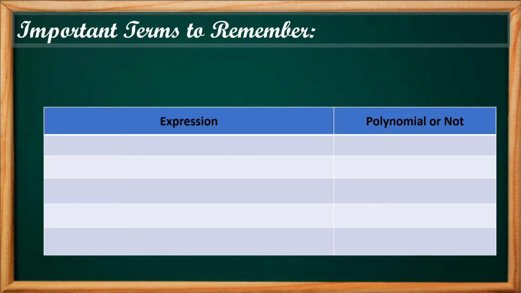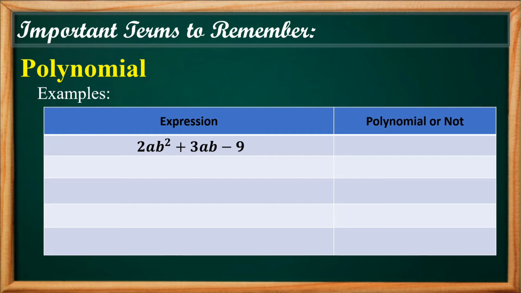Now, let's try. We have here the expression 2ab squared plus 3ab minus 9. Is it a polynomial or not? Yes, it is a polynomial. Observe the exponents of each variable, hindi negative, walang decimal, then it is a polynomial.